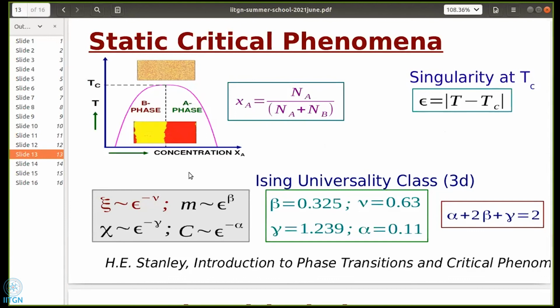Typically, when you take a fluid very close to the critical temperature, certain correlated blobs form in the system. You have these A and B type domains, and you have noise in the system. The noise that you see there gives you a measure of the correlation in the system.